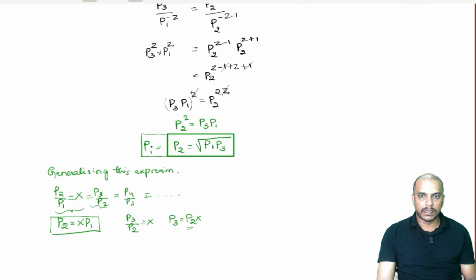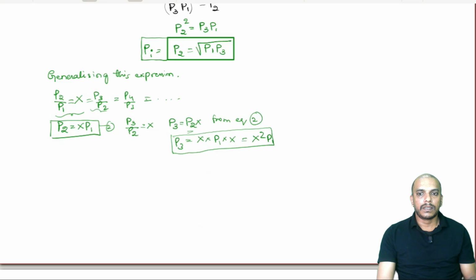Now, P2 we have got an expression from equation, let us call this equation 2. So, from equation 2, P3 is equal to P2, which is X times P1, and this X is there. So, therefore, it will be X square P1. Okay. So, P3 is equal to X square P1.